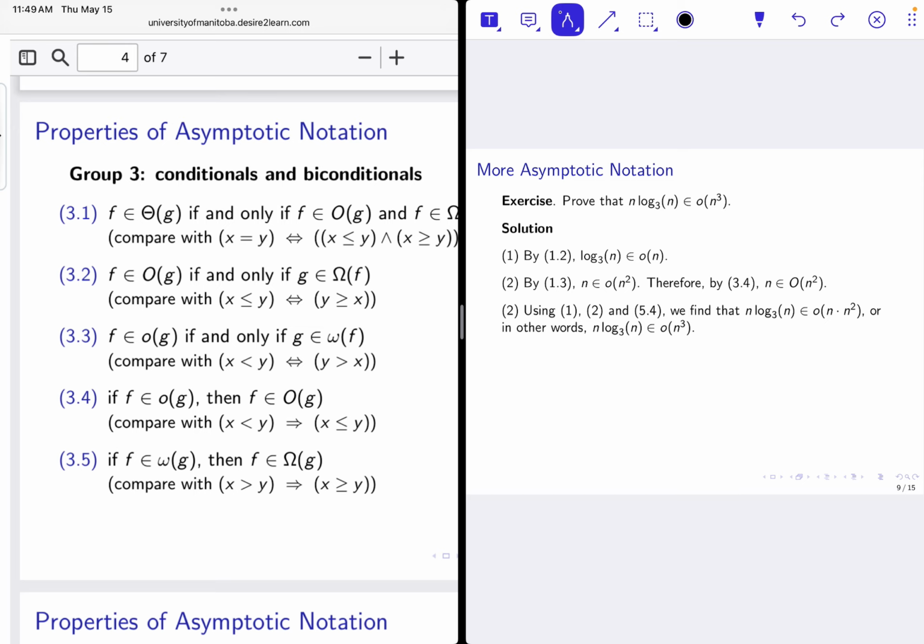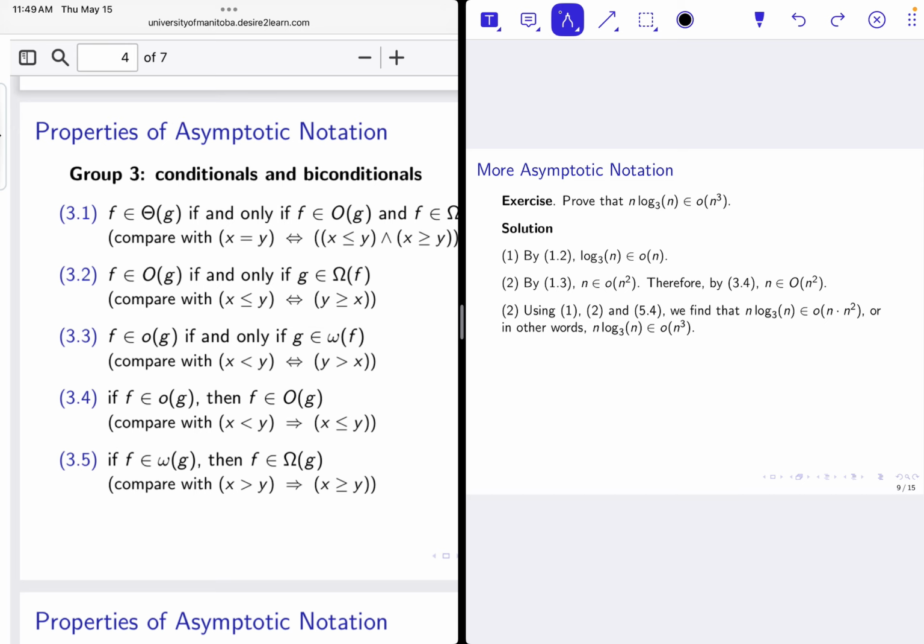Remember that thing I ranted about in the first or second lecture about how something being less than something else implies that it's less than or equal to something else just because of how OR statements work? Well, same thing applies here. And you can see that little o implies big O from their definitions.